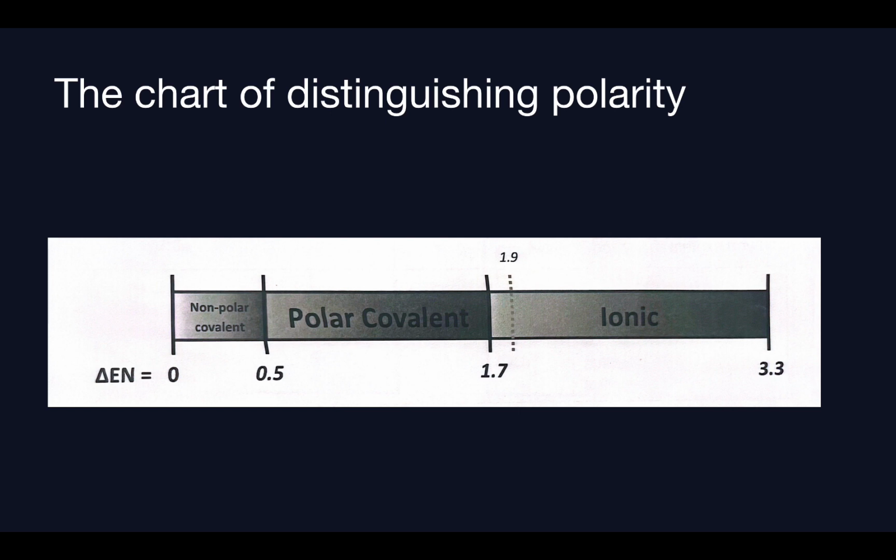So here's the question: how to determine polarity? How to determine if a compound is polar or non-polar? Now we need to apply a new concept, that is the difference of electronegativity inside a compound.